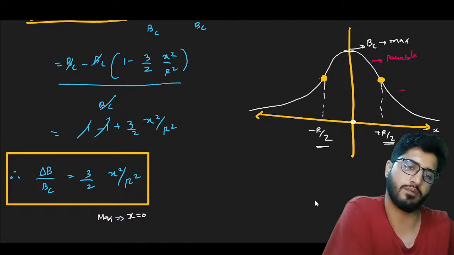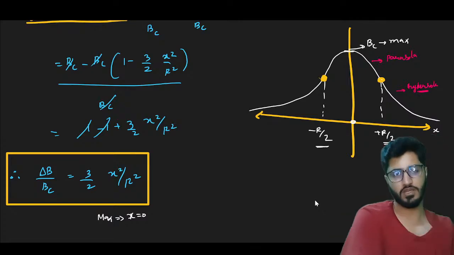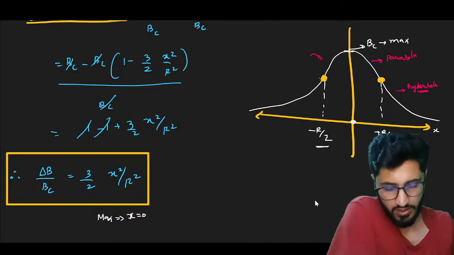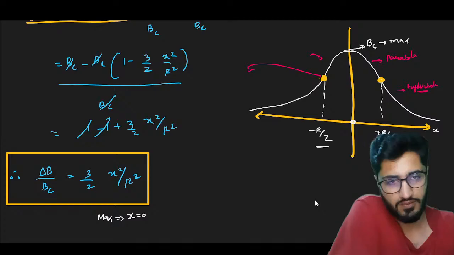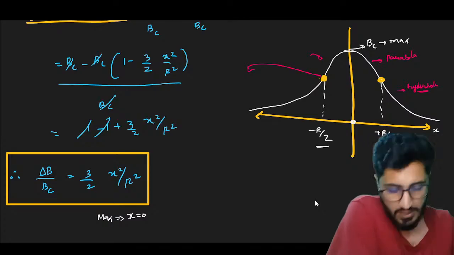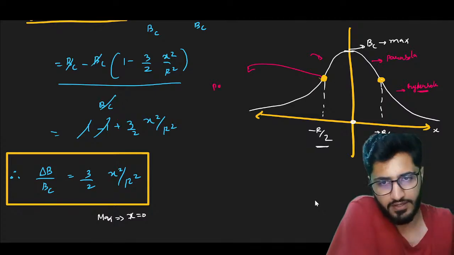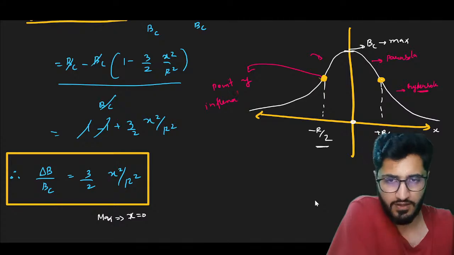Then from this particular point, it is a hyperbola. That's why this point, which changes the structure from parabola into hyperbola, is the point of inflection.